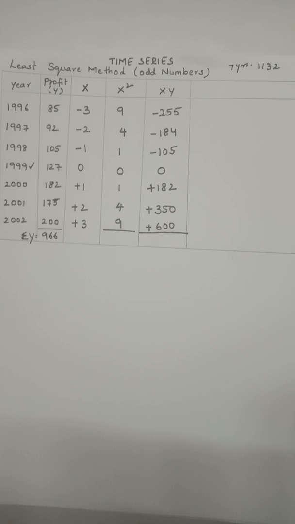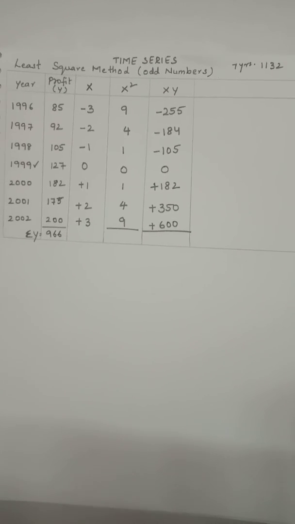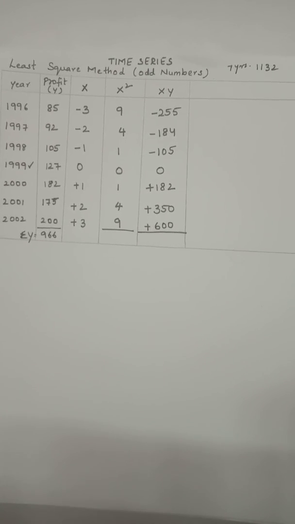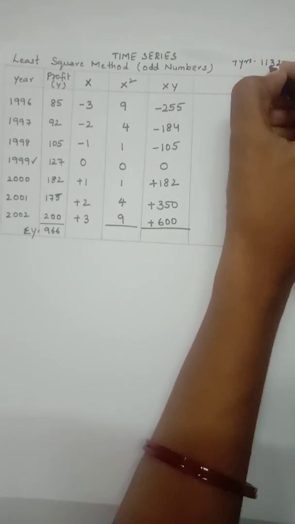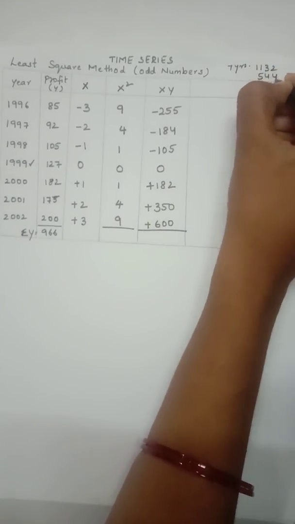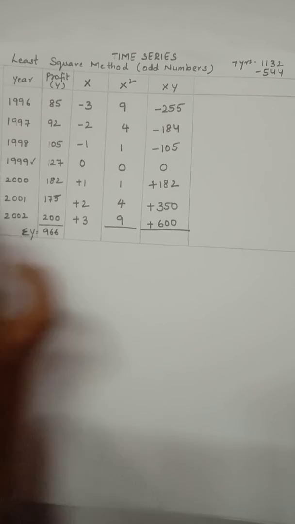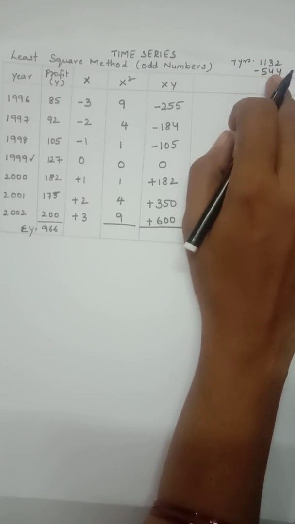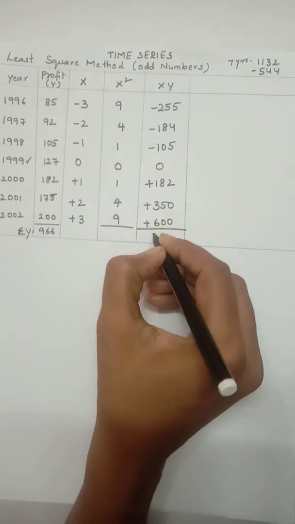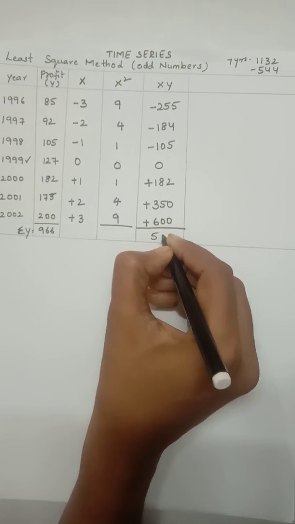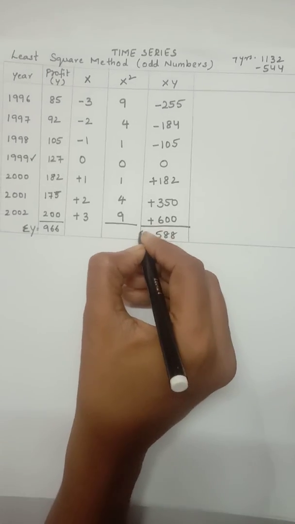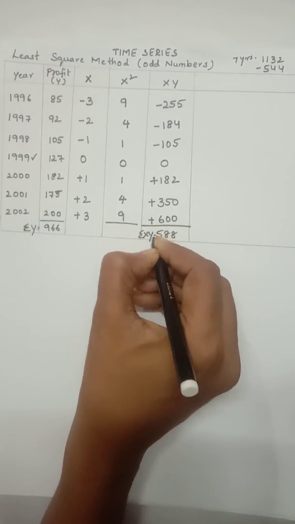Again, 255 plus 184 plus 105, my negative value is 544. If I deduct 544 from 1132, I get 588, which is called summation xy.